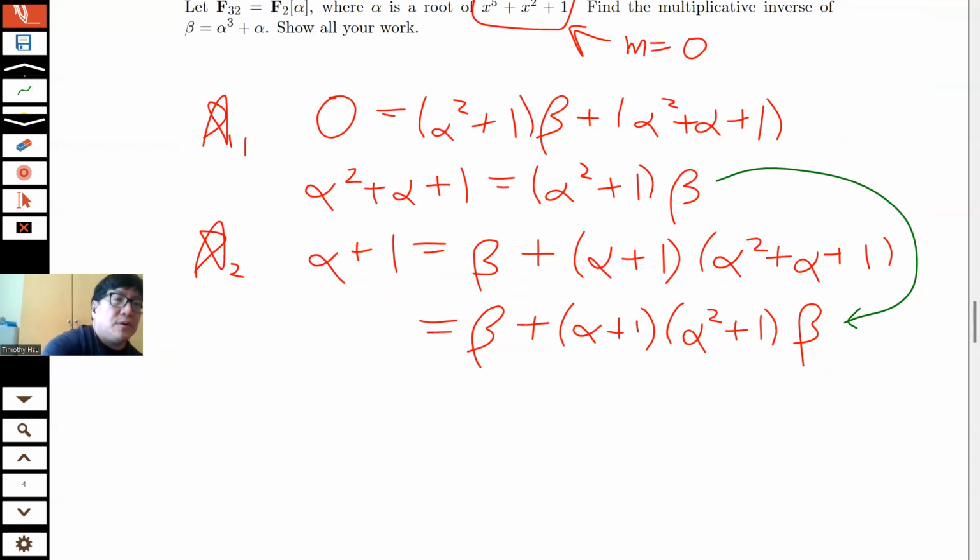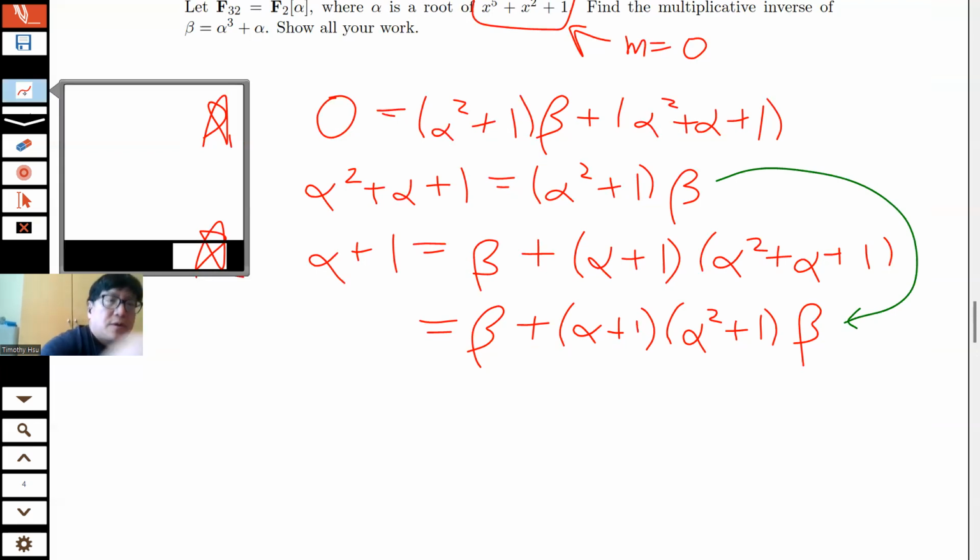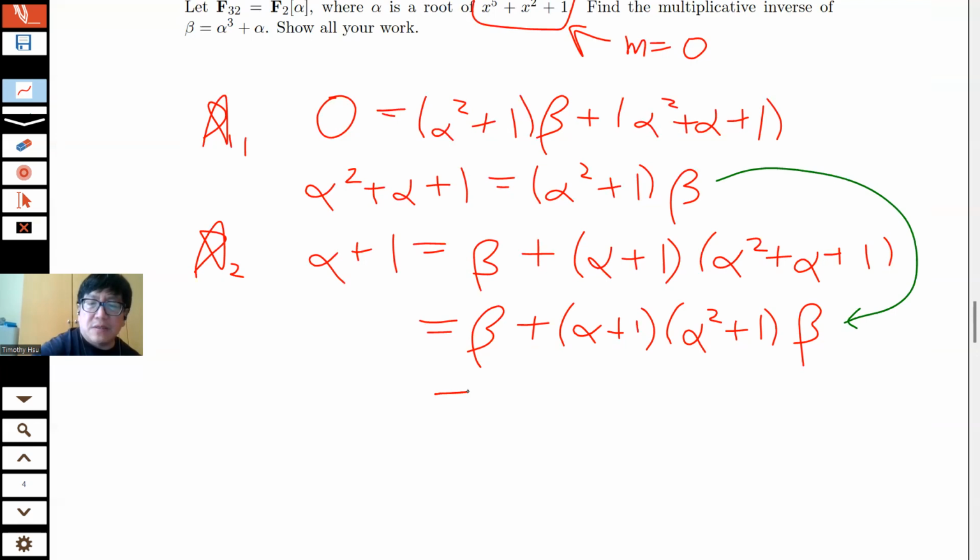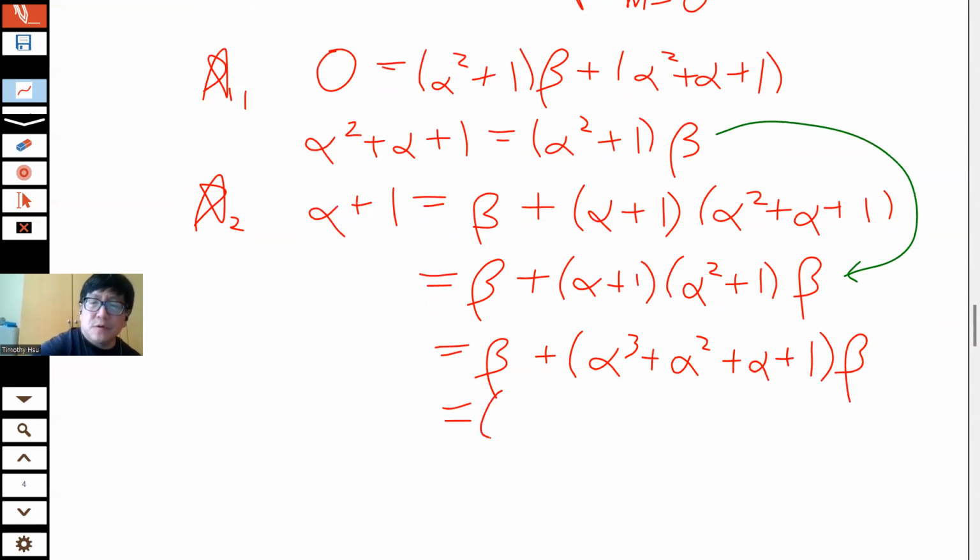And so, resuming, you see that this is equal to beta plus alpha cubed plus alpha squared plus alpha plus 1 times beta, which is equal to alpha cubed plus alpha squared plus alpha times beta.